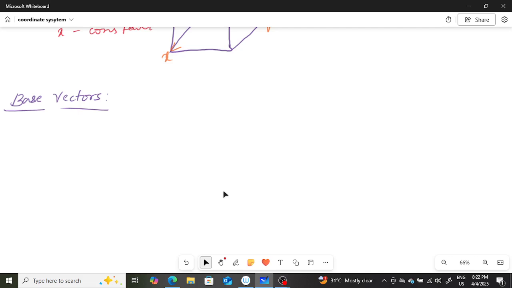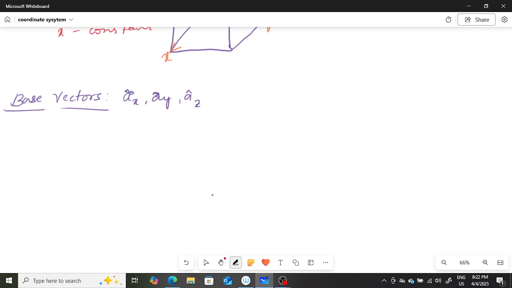So what are the base vectors here? ax, ay, az. These are the base vectors. I'll represent them using a cap, or you can also write them as a vector.